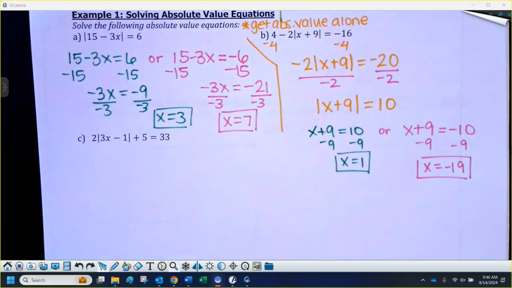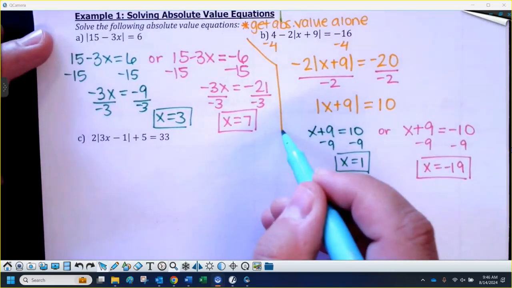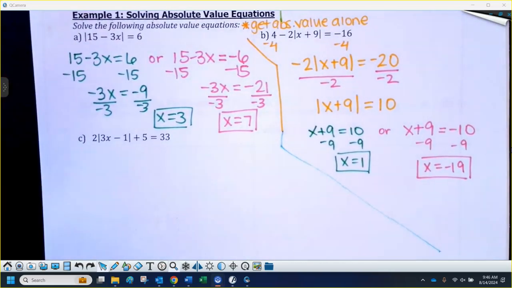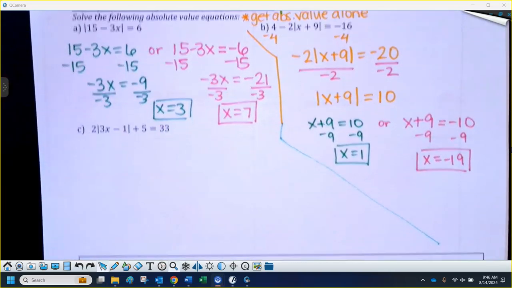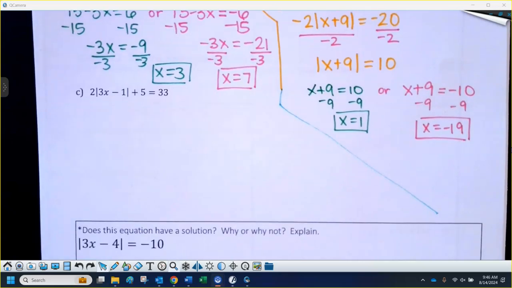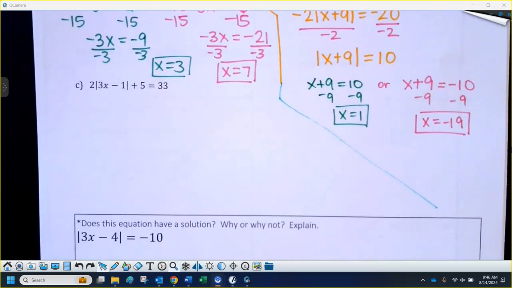Okay. Let me have you guys try letter C. Get the absolute value alone, and then we're going to break it apart into two equations. So go through there, see if you can do it.